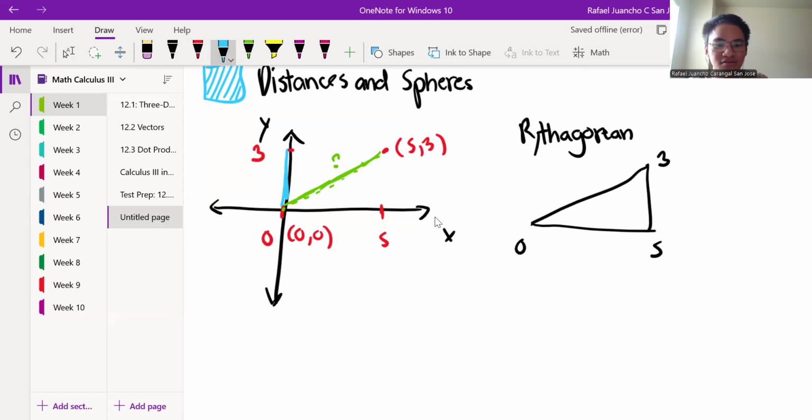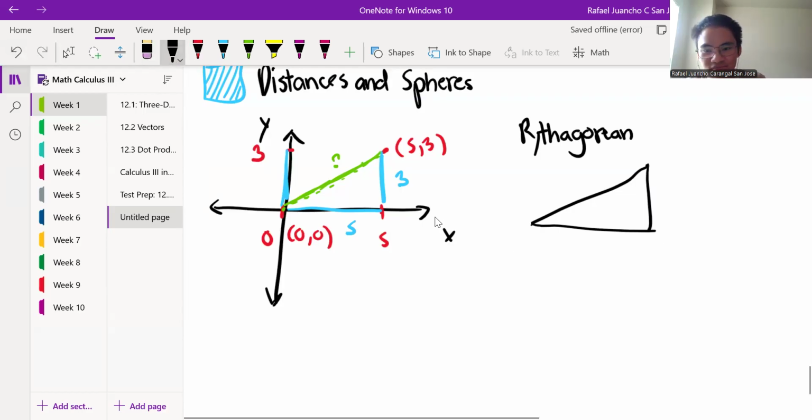This is 3, 3, 5. And now we can change this 5 and 3.